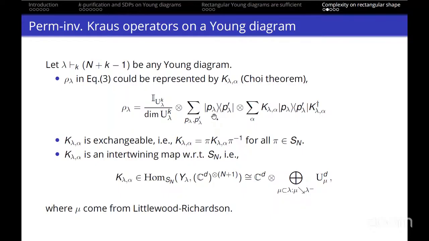This is the Schur basis from the unitary Werner, unitary K Werner. And this one should be exchangeable, which means it is conjugate invariant under permutation. And then we can see that this one is a kind of intertwining map. And in the last step we use the Schur-Weyl duality again, and this K will be characterized by some irreducible representation of U(D). And this mu comes from some Littlewood-Richardson rule.